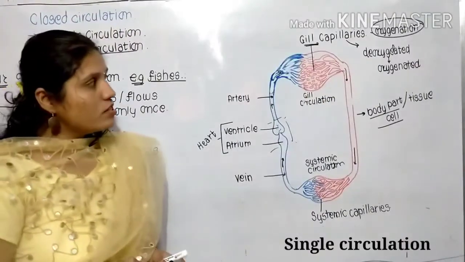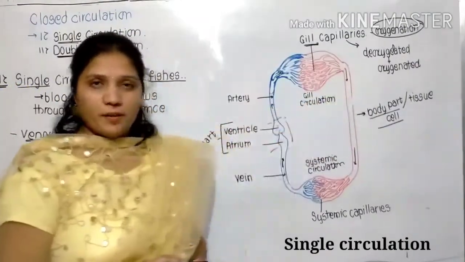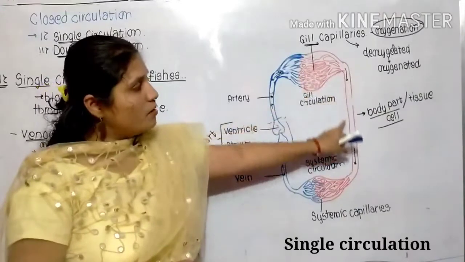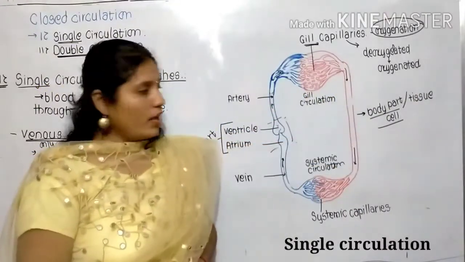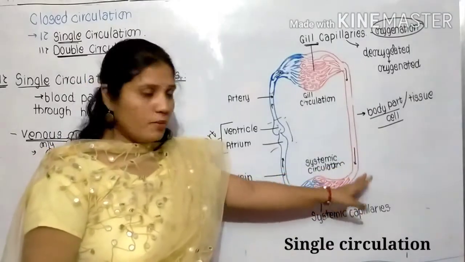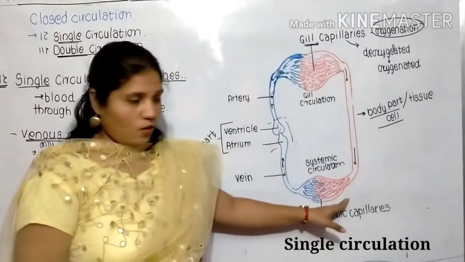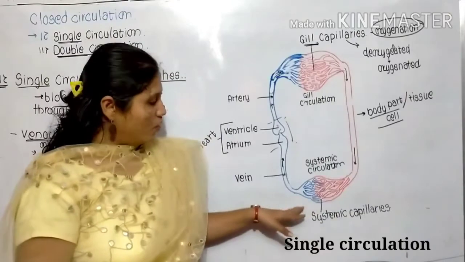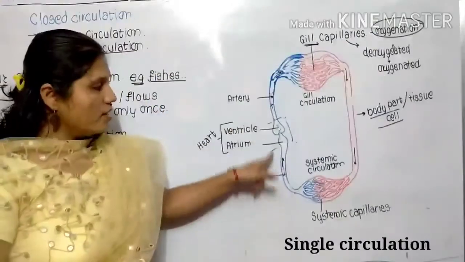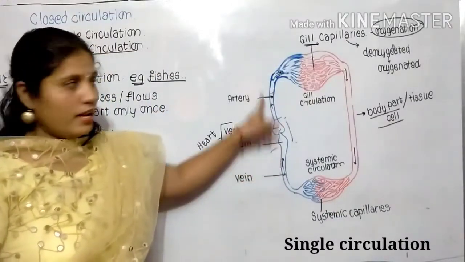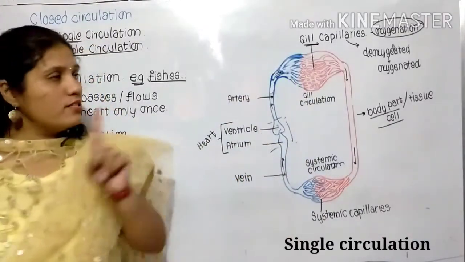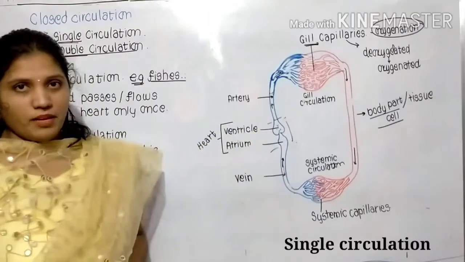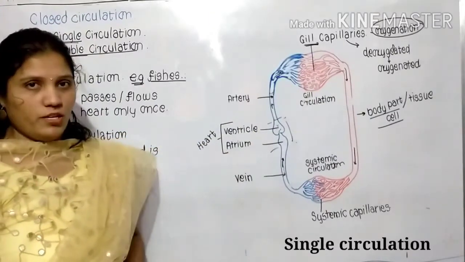Then the deoxygenated blood becomes oxygenated and passes towards the different body parts, tissues or cells. Then that oxygenated blood becomes deoxygenated and enters the heart through the vein. This is single circulation, meaning the blood passes through the heart only once.